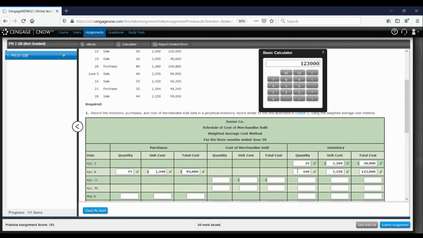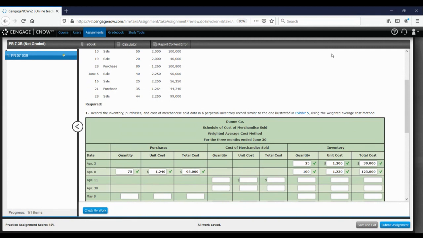Now you might remember that before we fill in any of this cost card on April the 8th, we had some journal entries that we have to take into consideration. When we buy merchandise inventory, our merchandise inventory is increasing, or we're debiting merchandise inventory for 93,000, and we would credit most likely accounts payable for 93,000.